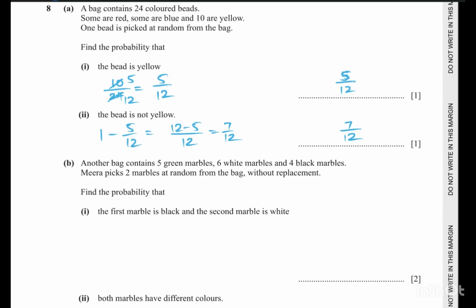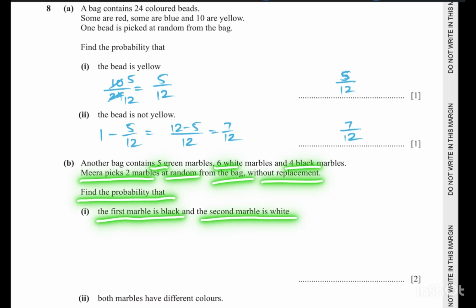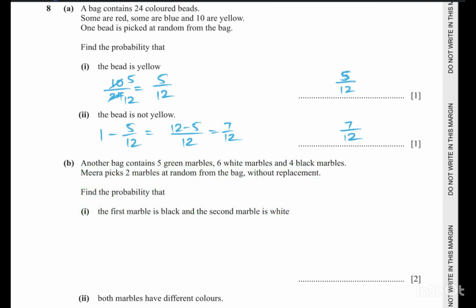Question B now. Another bag contains 5 green marbles, 6 white marbles, and 4 black marbles. Meera picks 2 marbles at random from the bag without replacement. Find the probability that the first marble is black and the second marble is white. So without replacement, we want to find the probability of the first marble being black.